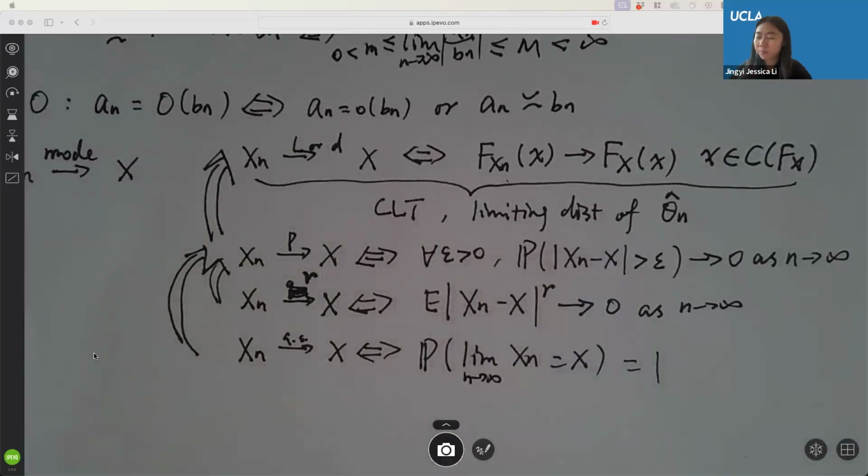So we cannot just say it about one particular m, but everything beyond that. So that can imply the almost sure convergence.